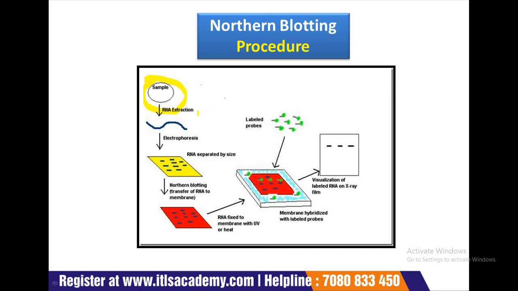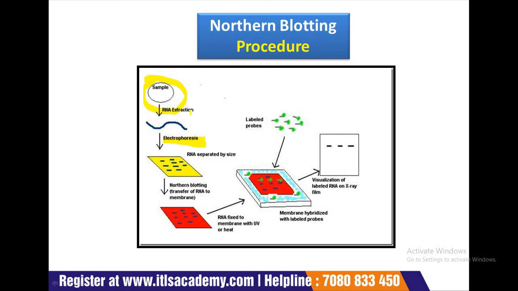The sample may be representative of different types of culture for comparison, or it can be for the study of different stages of growth inside the culture. The RNA sequence is separated in the electrophoresis unit. You can see here the RNA sequence is separated in the electrophoresis unit, and agarose gel is used for the purpose of nucleic acid separation.